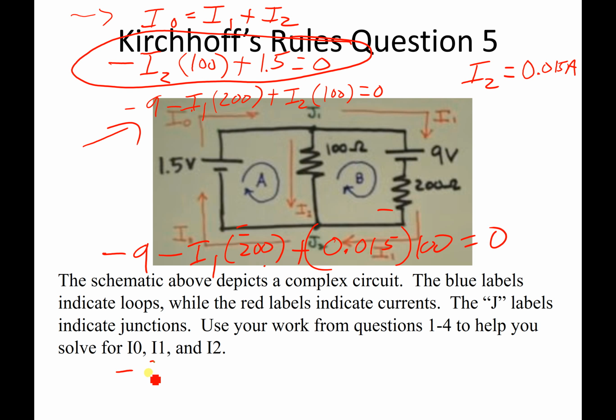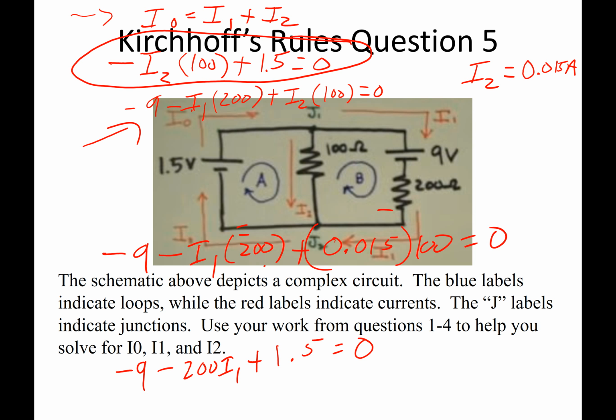Simplified down a bit, it's negative 9 minus 200 I1 plus, go ahead and multiply 0.015 times 100, so that's plus 1.5 equals 0. Now we want to solve that for I1.